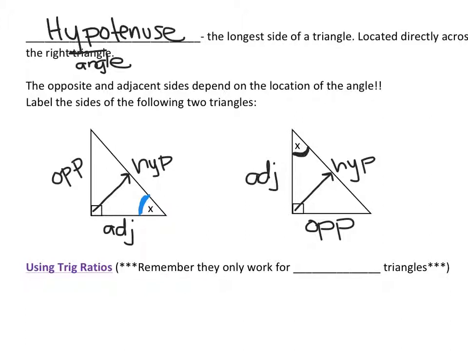So you can see how the opposite and the adjacent sides move. They're not always in the same location. The hypotenuse is, though. It's always directly across from that right angle. So using trig ratios, remember that they only work for right triangles. So if we have a triangle that's not right, we cannot use these ratios.